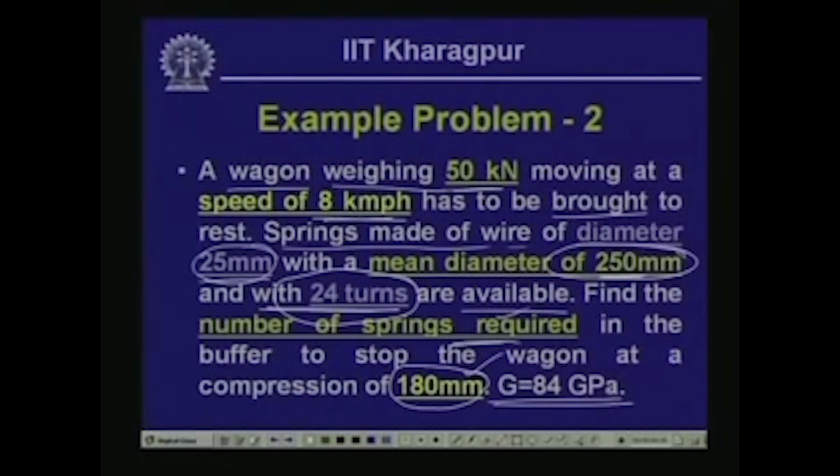Now, here as you can note, the wagon which is moving at a velocity has to be brought to rest. When it hits the buffer, the kinetic energy of the wagon is transferred into the energy that can be absorbed by the spring.